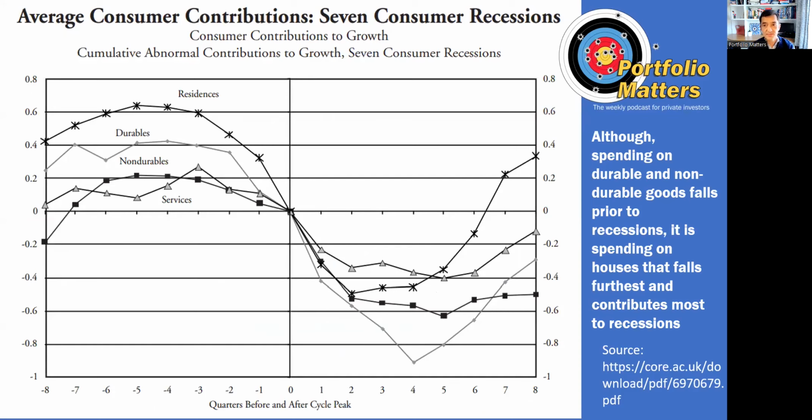If we look at consumer behavior around 7 recessions, so the vertical line is at the peak of the business cycle in 7 recessions. You see that various measures of consumer spending fell in the quarters prior to the peak. And the biggest fall was spending on residences, followed by spending on durables.